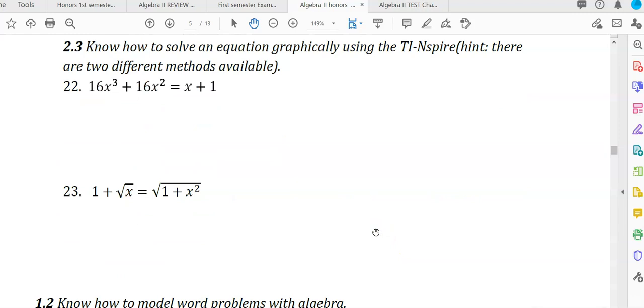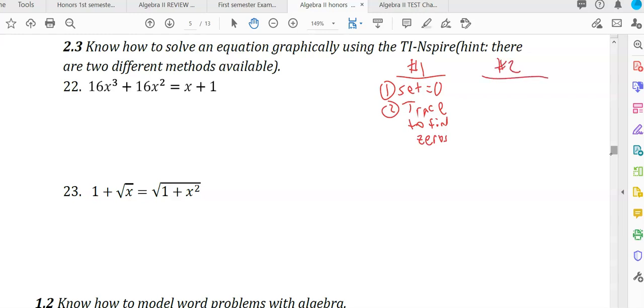So use two different methods. There are two different methods. So method 1 would be to set equal to 0, then use trace to find the zeros, the x values of the zeros of the graph.